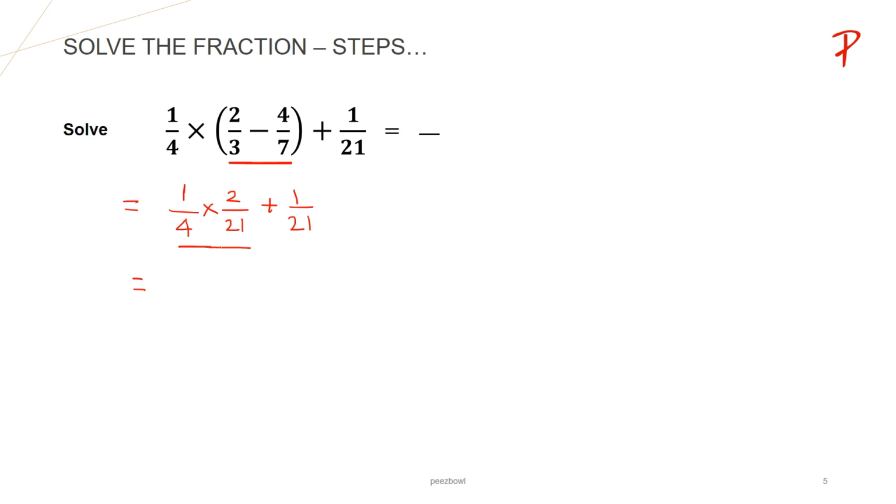And the result of this multiplication was 1 upon 42, and then we have to add 1 upon 21, right? And after the addition, what we got was 3 upon 42, and after simplifying it, we got 1 upon 14, right? So result of this question is 1 upon 14.